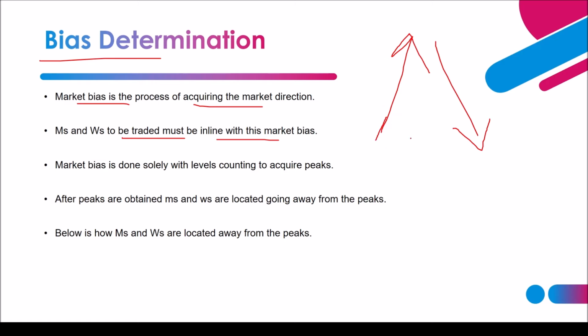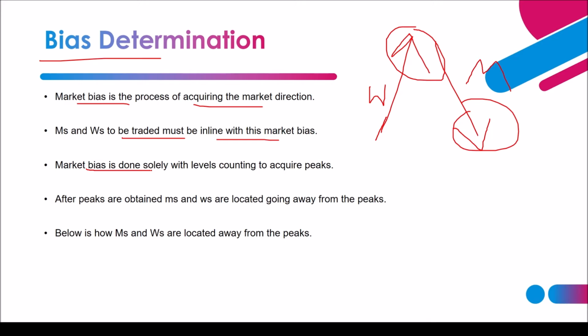If the bias is down, we need to be looking for M's in that particular direction. Same as the W's: if the bias is going up, we need to look for W's. Market bias is done solely with counting of levels to acquire what we call peaks.